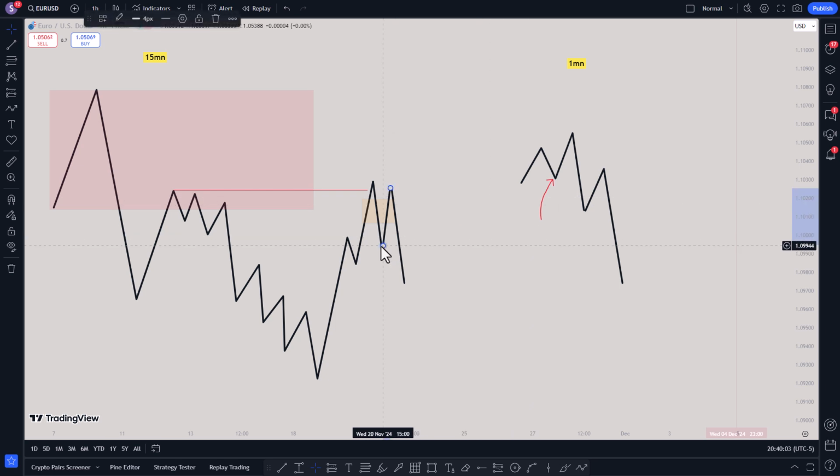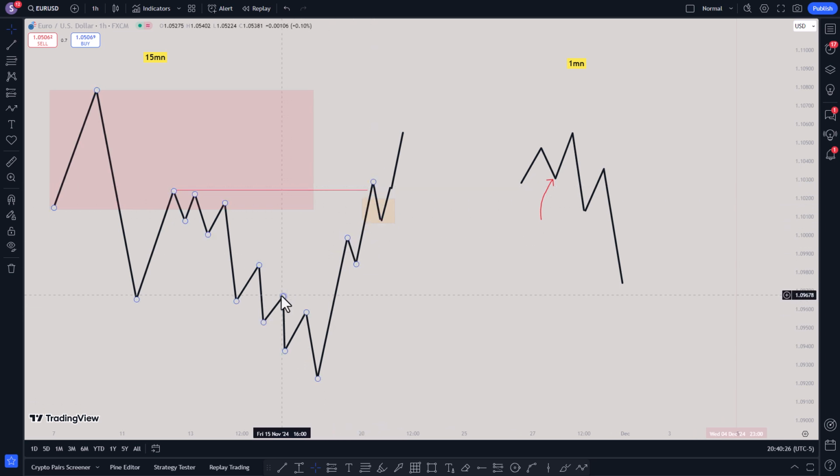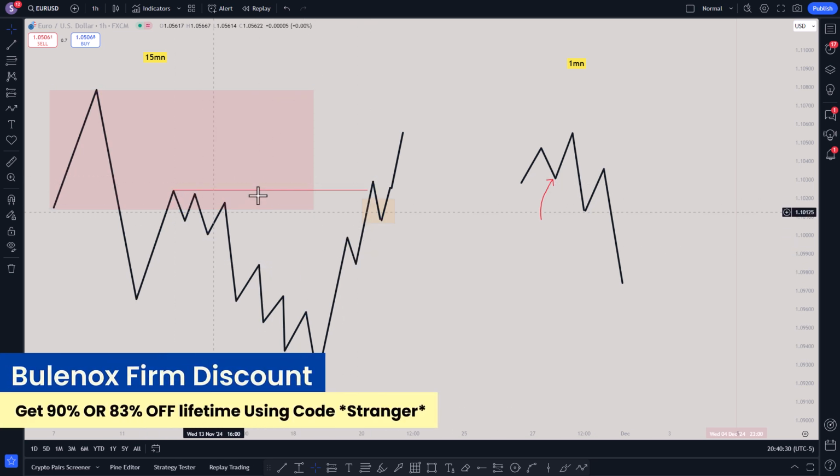But in some instances we have a shallow pullback, and that shallow pullback happens to end at the very first imbalance from that move, and then price continues to the upside. This happens especially after this heavy momentum to the upside, when it is breaking a lot of highs before topping into this, breaking a lot of highs, right?